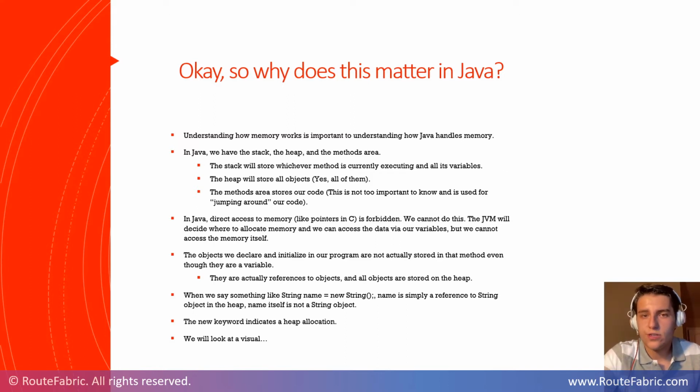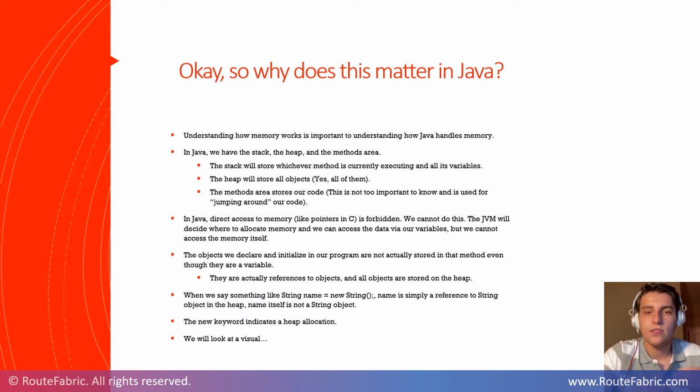Well, the way that works is whatever objects we have in our code and we're using them, those are not the actual objects themselves. Rather, they are a reference to an object, because all objects are stored on the heap. So like I said, whenever we have something on the heap, we cannot directly access that because we don't know where it is. So we need a reference telling us, hey, this object is over here, so we can access the data for that object.